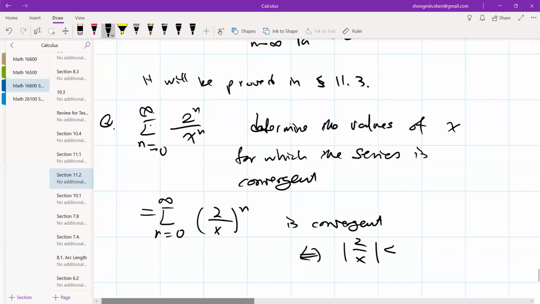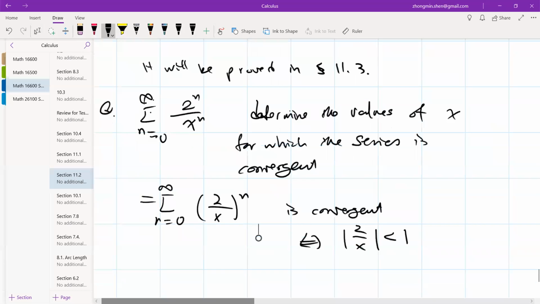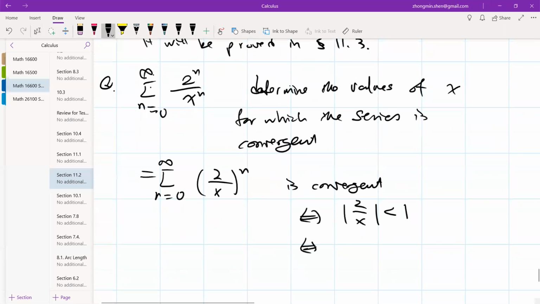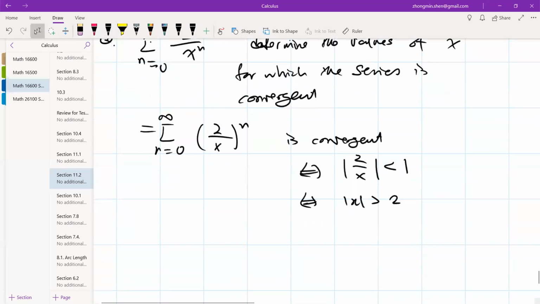Then from here you can solve this inequality. This is the same as absolute value of x is greater than 2. x cannot be 0, of course.